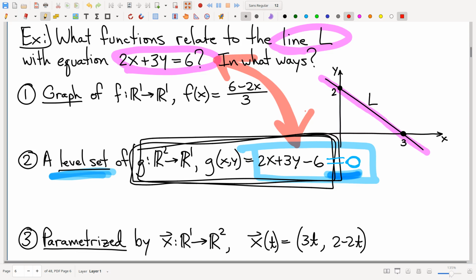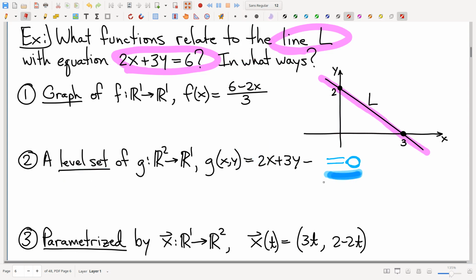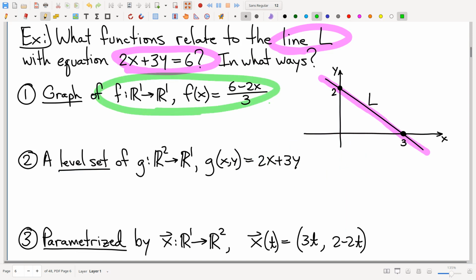Okay. So before we go on to the third part of this example, let me just point out that as promised, this function whose graph is our line, and this function, one of whose level sets is this line, look how different the functions are. Totally different functions. Right? This first function f only has one input variable.